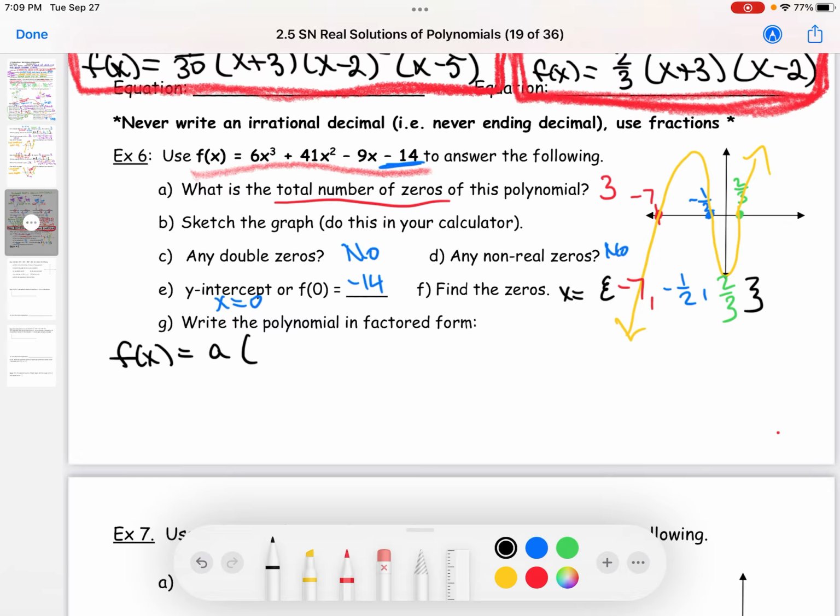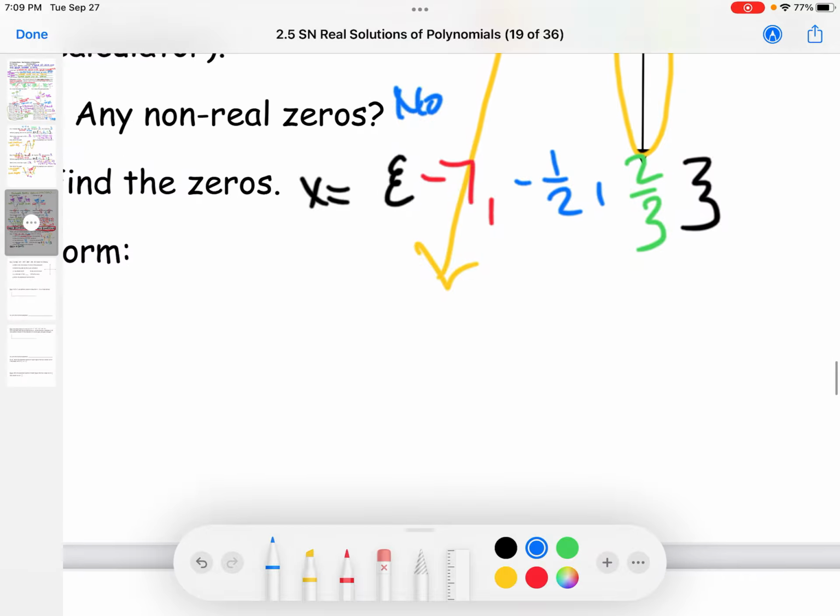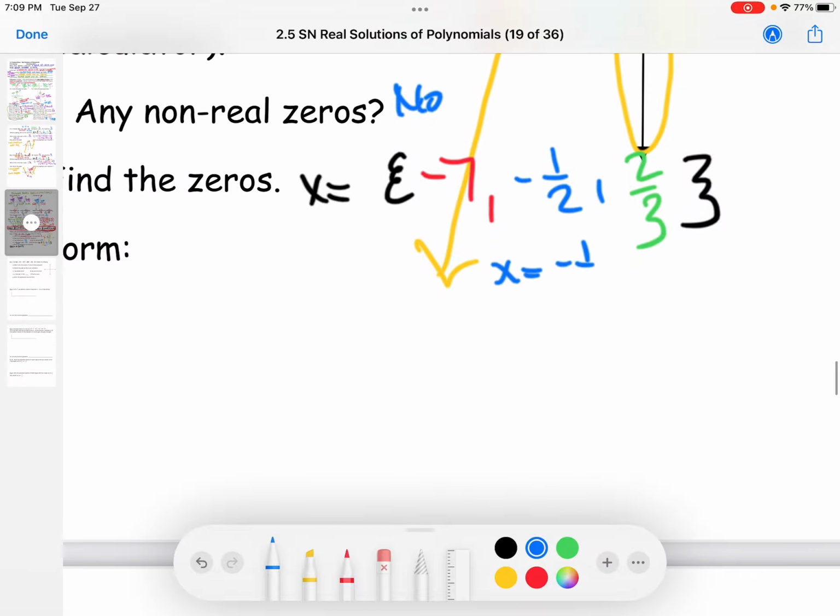And we know that to get a root at x equals negative 7, x plus 7 had to be a factor. Now, these other 2 roots are fractions, and they're going to be a little different. To get x equals negative 1/2, we want the factor, but we don't want the fraction.